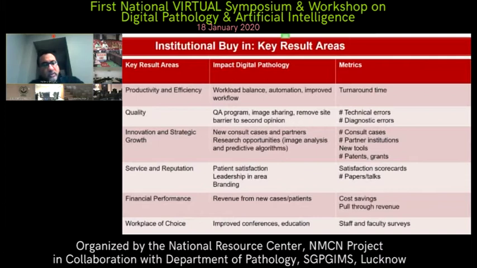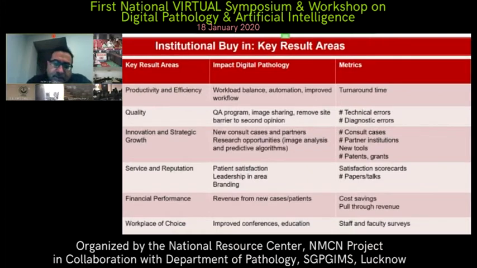Another area we wanted to look at was innovation and strategic growth. How many new consult cases can we bring, and how many partners can we bring to the table now that we have this technology? Can we increase our research opportunities? We are measuring the number of consult cases, number of partner institutes, new tools, number of patents, number of grants, and number of research projects.